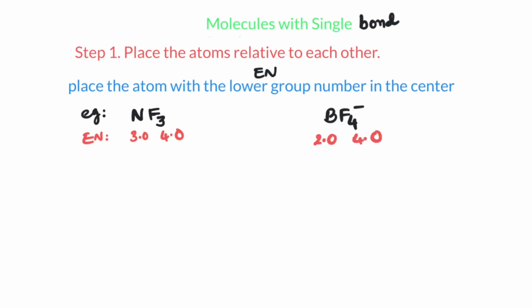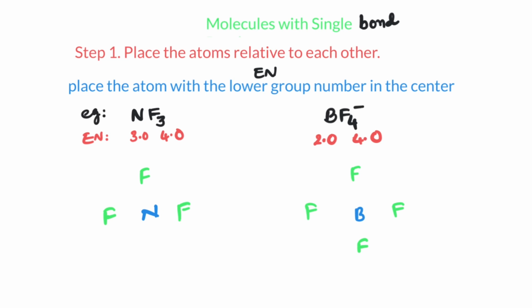So according to this, the central atom in NF3 is nitrogen and the surrounding atoms are fluorine, fluorine, fluorine. Similarly, in BF4 minus, the boron atom is at the center, being lower in electronegativity, and the surrounding atoms are fluorine, fluorine, fluorine, fluorine.